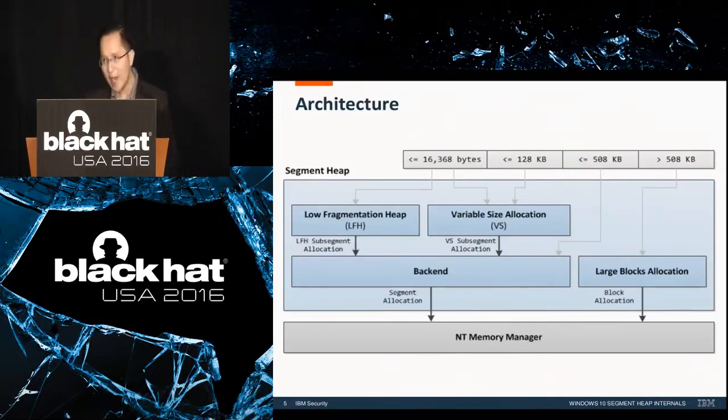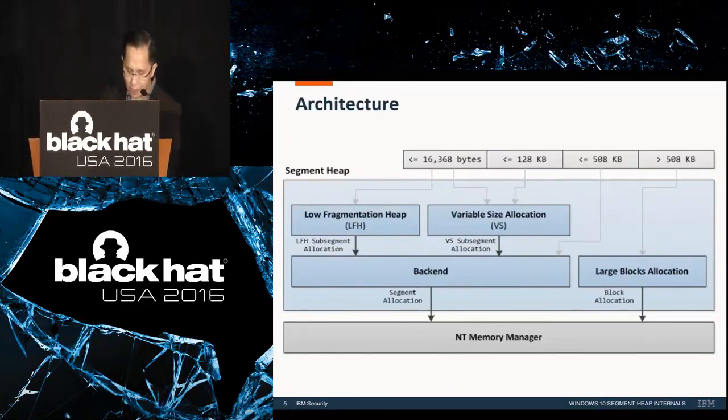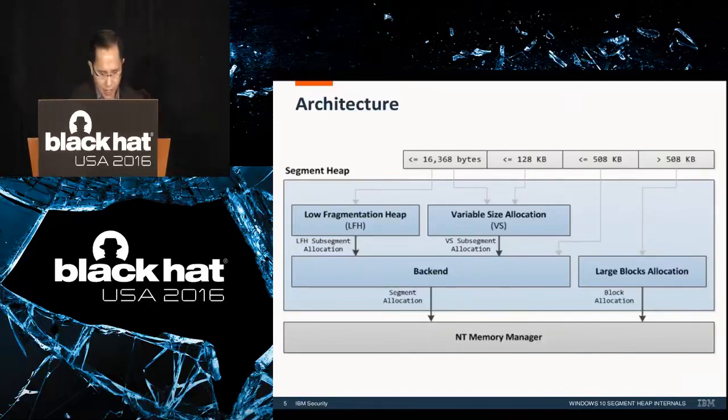It also uses the backend to create the VS subsegments where VS blocks are allocated from. From its name, its difference from the LFH is that in VS, the blocks in the VS subsegments are variable in size. It starts with a large free block, and then it is split into different sizes as allocation requests come in. Finally, the large blocks allocation component here services a large allocation request.